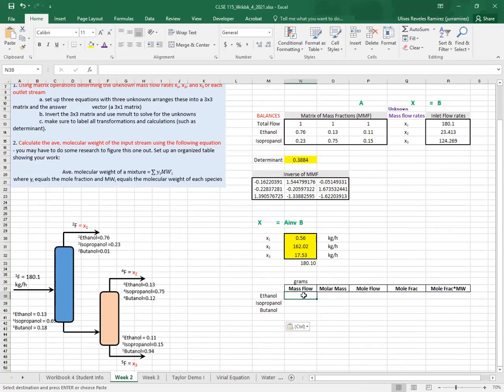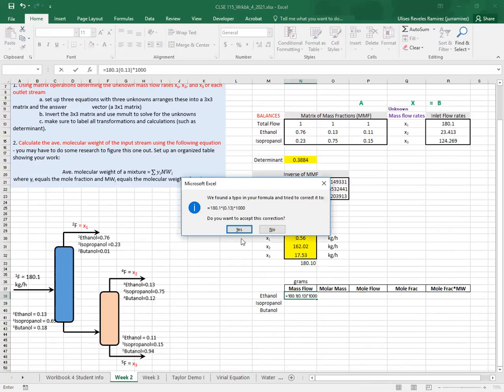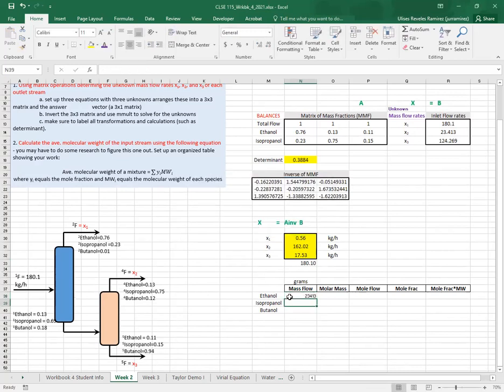Which is the total, 180.1, times the composition, 0.13. That will give me kilograms, but because I want grams, I'm going to multiply by 1,000 to get the grams. So for the inlet, 180.1 kilograms times the composition of the alcohol, 0.13, times 1,000, gives me the grams.